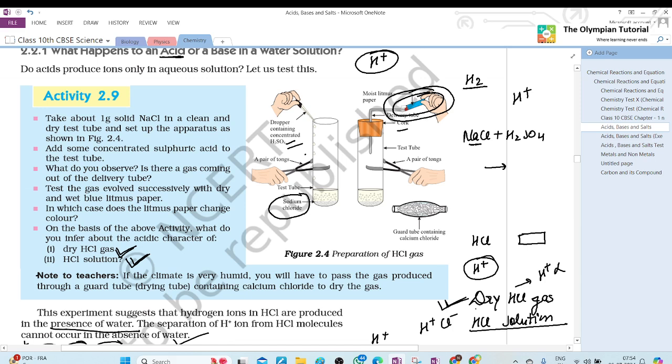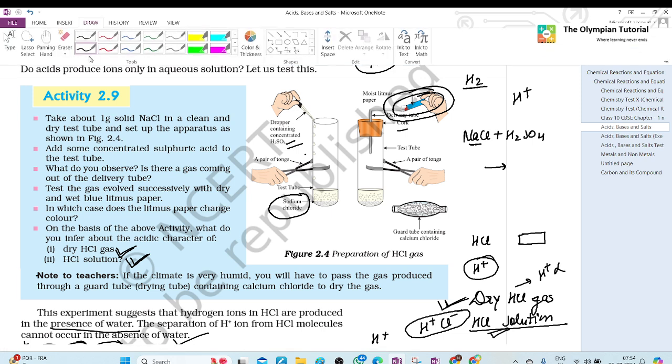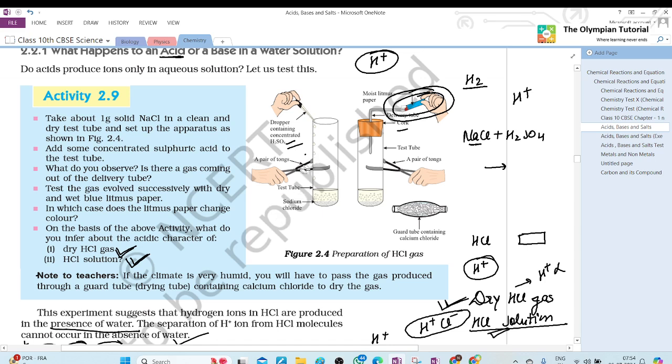That's why it will act as an acid. Are you okay with it? Yes, ma'am. Now I will come to the activity.